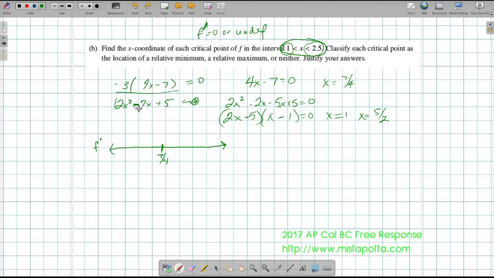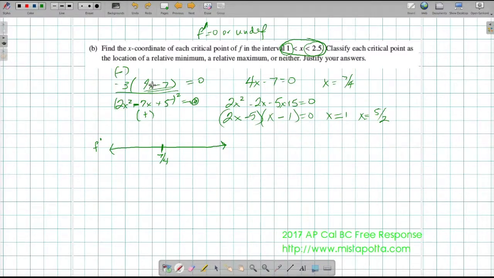Keep in mind, I'm sorry, this was supposed to be squared, but that really doesn't matter too much. This is always going to be negative, and this is always going to be positive, which means this expression is really the only thing that determines the sign of our derivative expression.